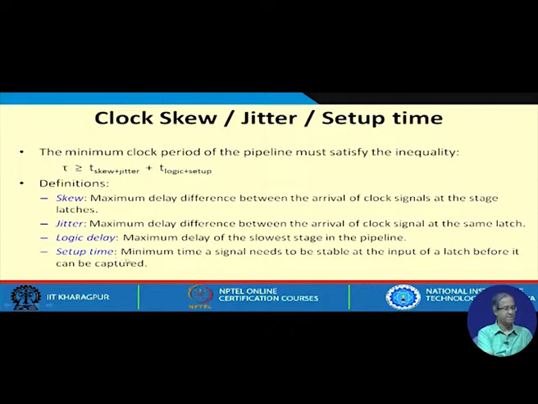It says what is the minimum time a signal needs to be stable at the input of a latch before it can be captured. So, this is a more accurate expression that gives you a lower bound of the clock period that can be used. Once you know these figures or have a fair estimate of them, you can calculate the maximum frequency and clock rate at which you can operate the pipeline.